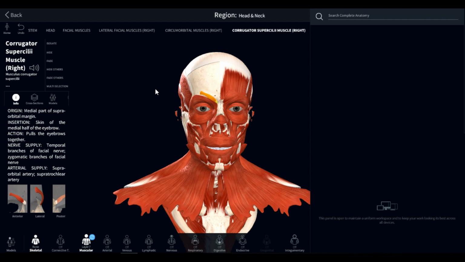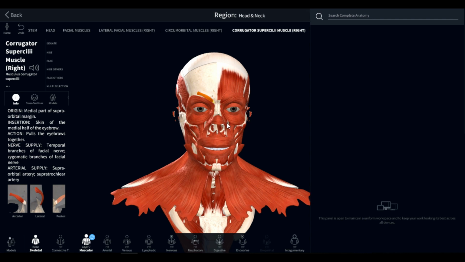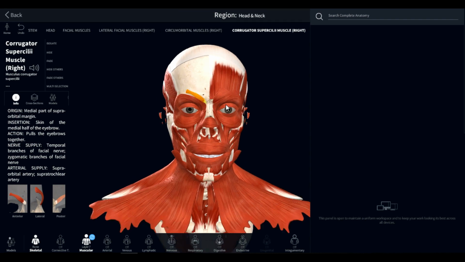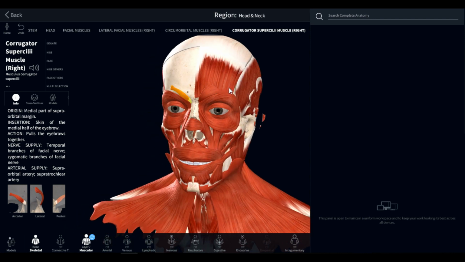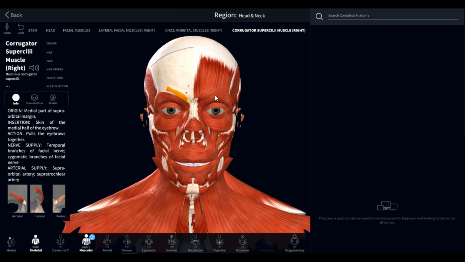This is because cadavers are not usually dissected that properly, and also due to the hardship of finding this muscle because it is underneath the depressor supercilii. An example of this is basically seen over here in this side. As I have not removed any muscles, you can see that the occipitofrontal and the depressor supercilii can be seen very clearly, but the corrugator supercilii cannot be seen because it's behind this muscle.